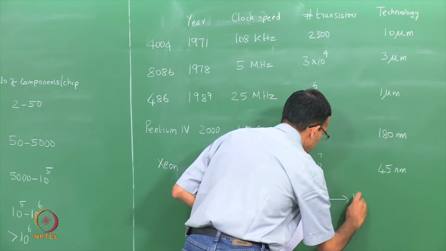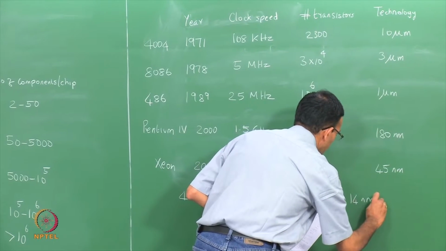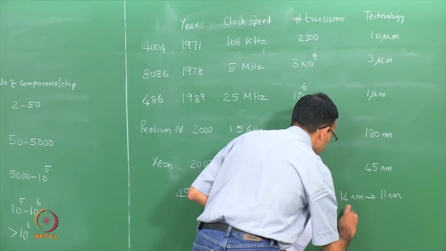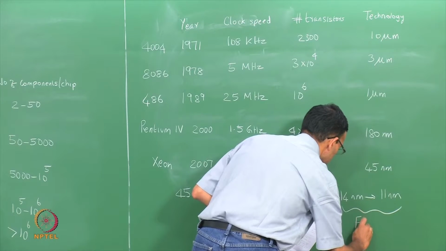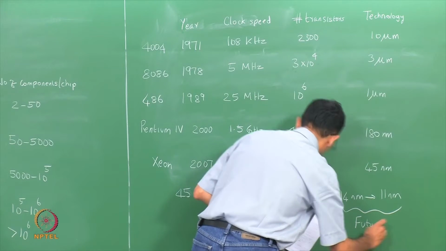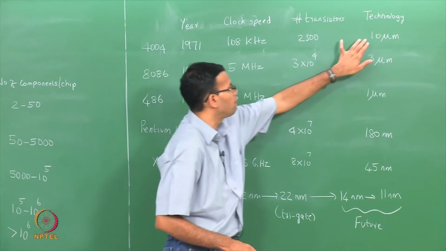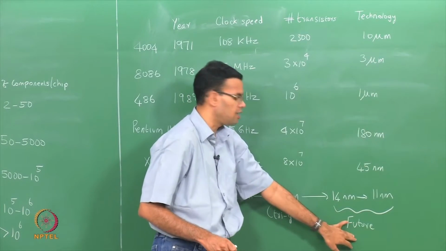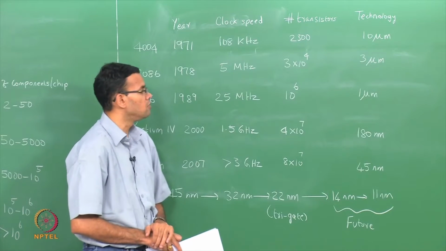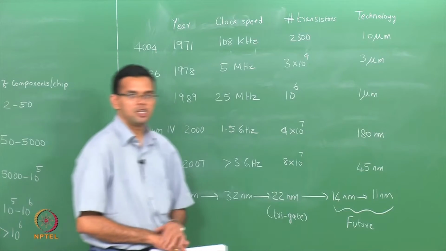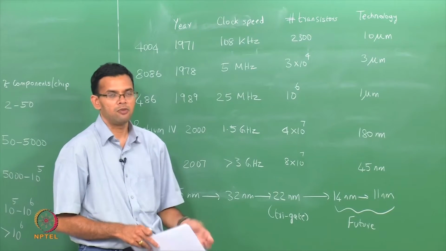And the future plans are 14 nanometers and 11 nanometers. So the feature size that started somewhere of the order of micrometers has shrunk nearly 3 orders of magnitude in the last 40 years or last 50 years to give you features that are few tens of nanometers.